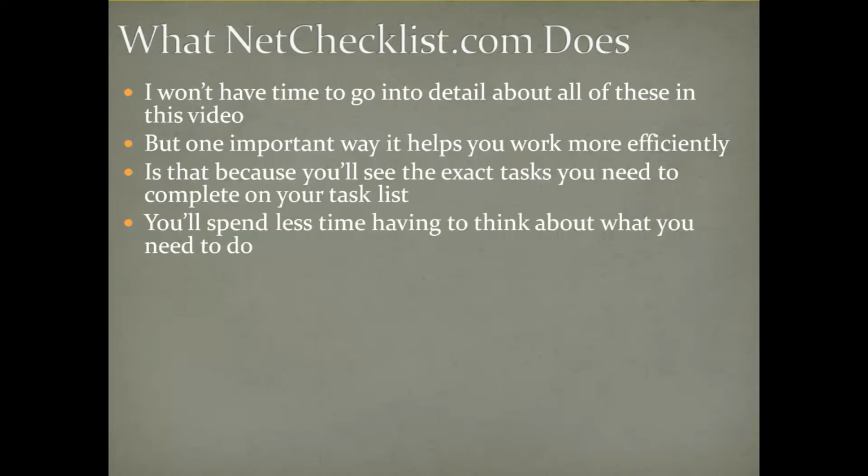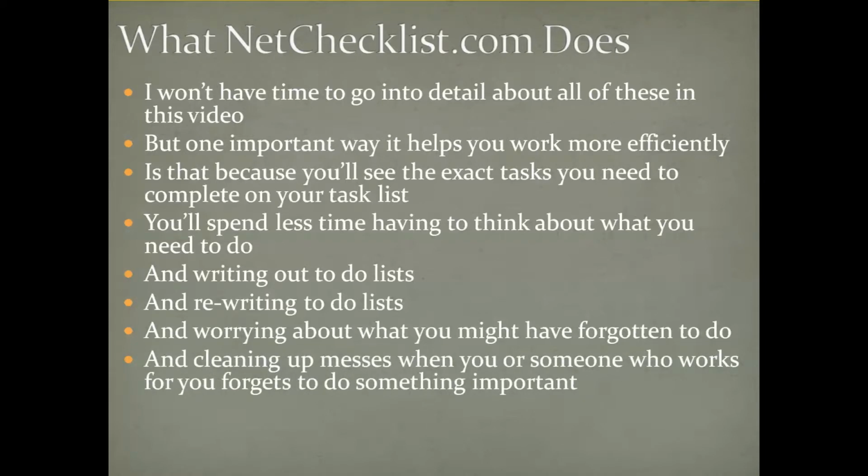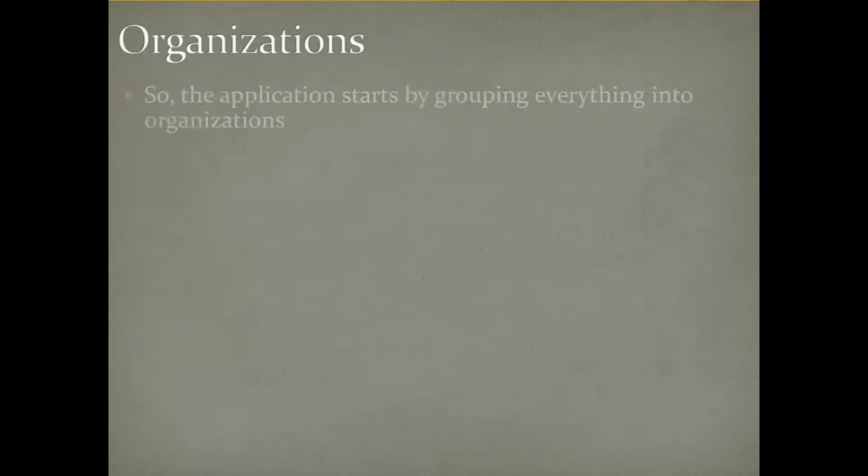You'll spend less time having to think about what it is that you need to do, and writing out to-do lists and rewriting to-do lists and worrying about what you might have forgotten to do, and cleaning up messes when you or someone who works for you forgets to do something that's important. And instead, you can just focus on getting your work done.